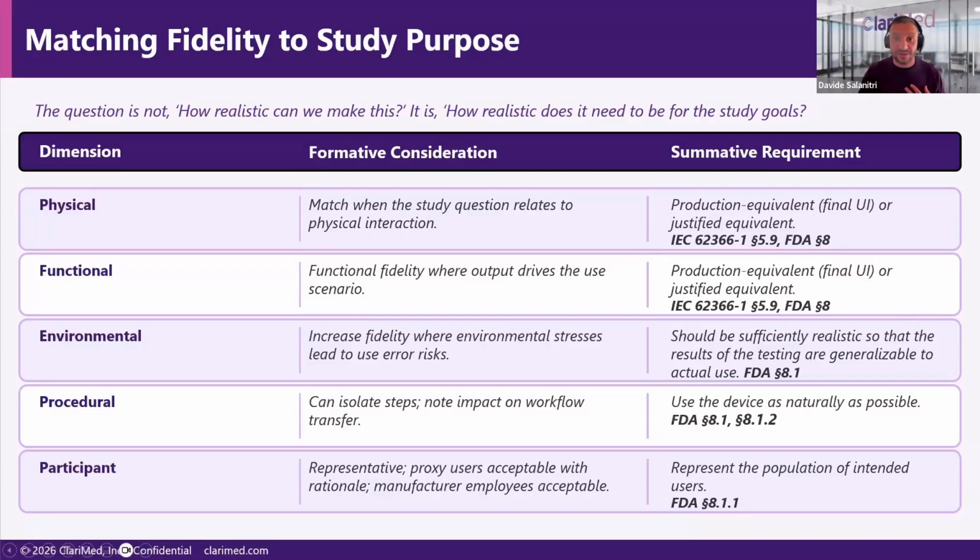I wouldn't test myself for a surgical endoscope. Why? I have no idea how it works, so why would you test myself? That is something that we are more strict about. But for all the others, how exactly you want the fidelity to be has to be flexible during the formative, not the summative, but has to be flexible during the formative, 100%.